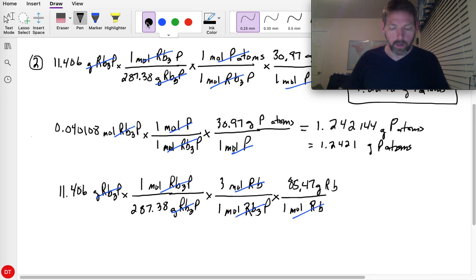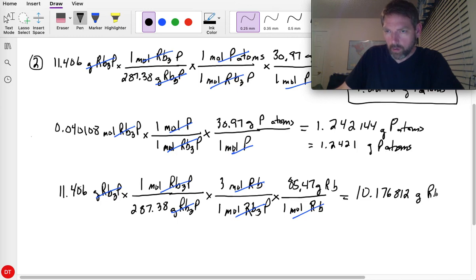You get, drum roll, 10.176812 grams of rubidium.